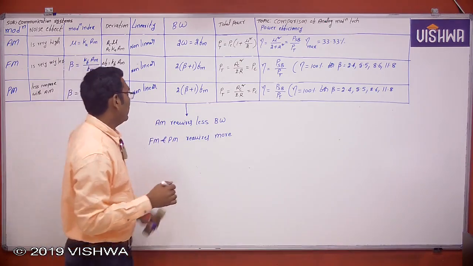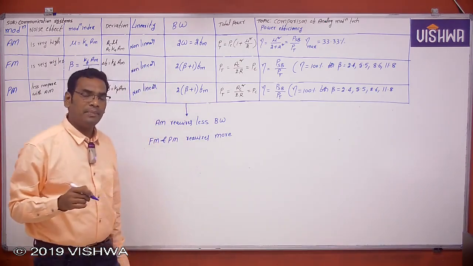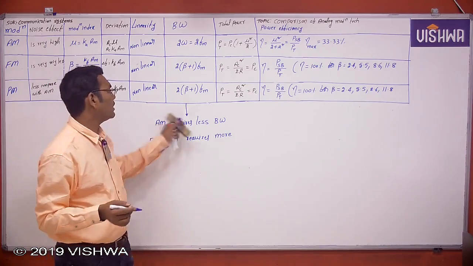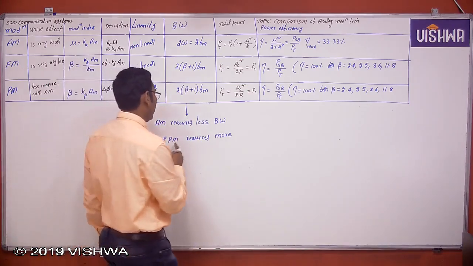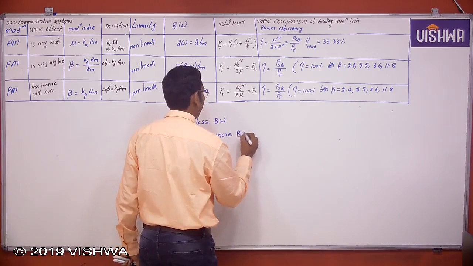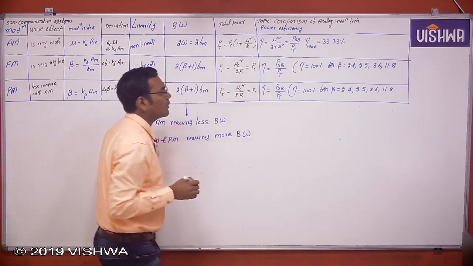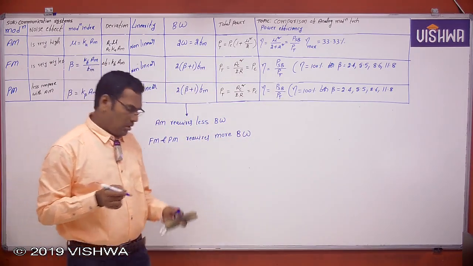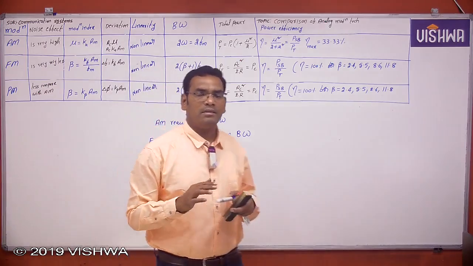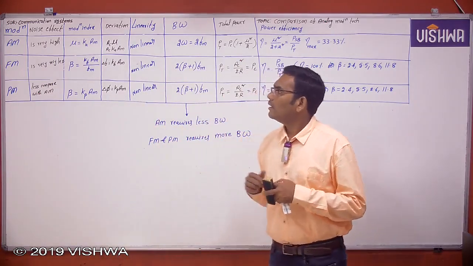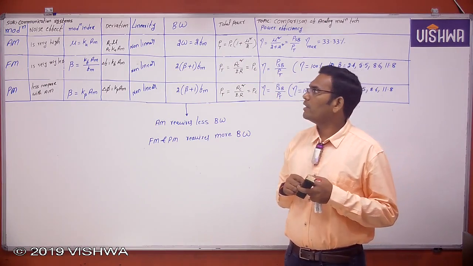To transmit an FM signal and a PM signal we require more bandwidth, but to transmit an AM signal requires less bandwidth. Clear or not? Students, this is the last point in analog modulation techniques.